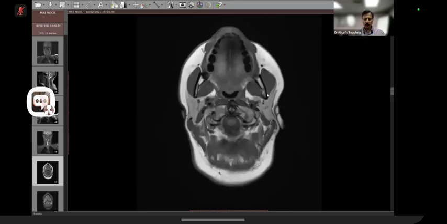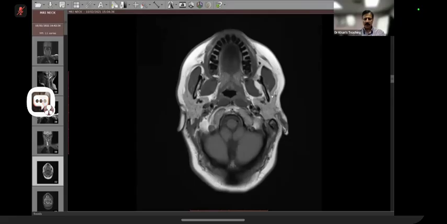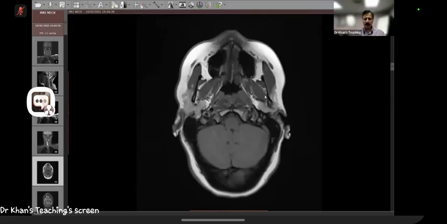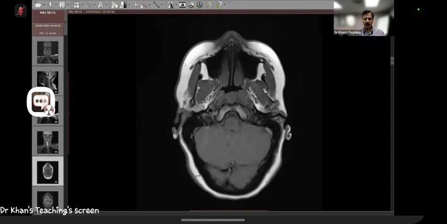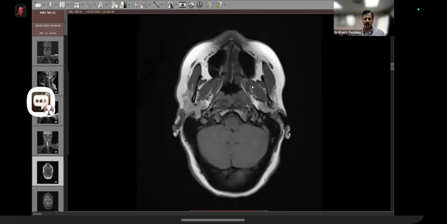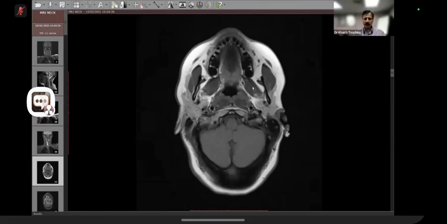So we are going now superiorly. And as we go superiorly, we can see that there are other muscles, the pterygoids, etc., which have appeared from here. If you look very carefully, you might see the pterygoid plates where I'm pointing out.